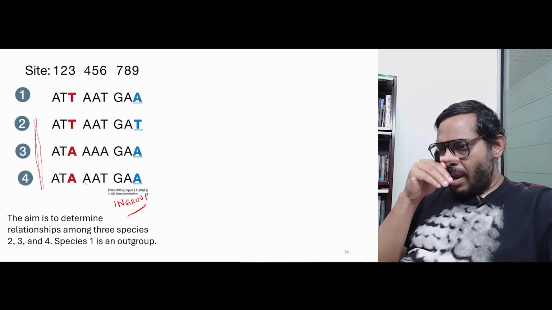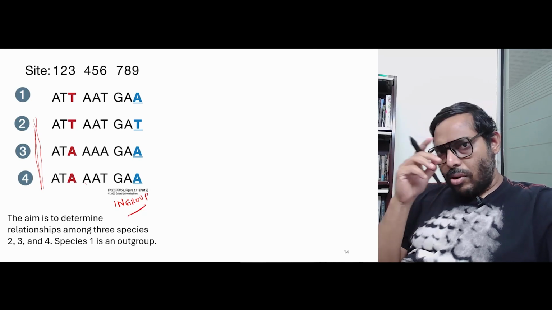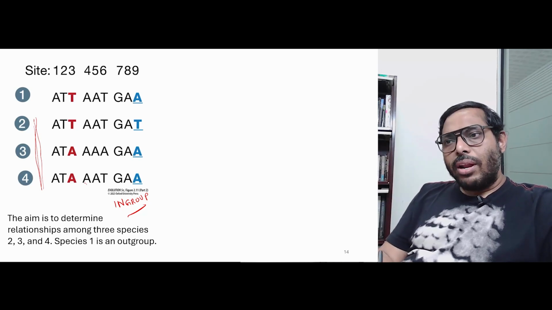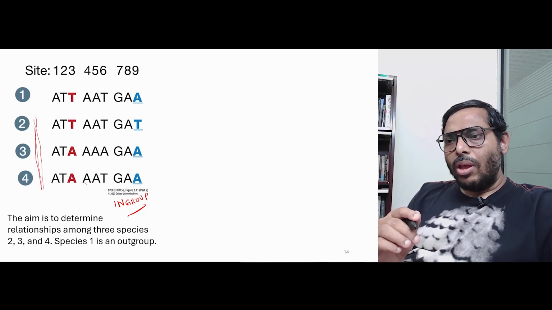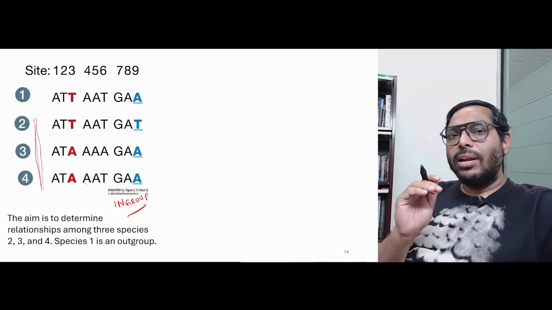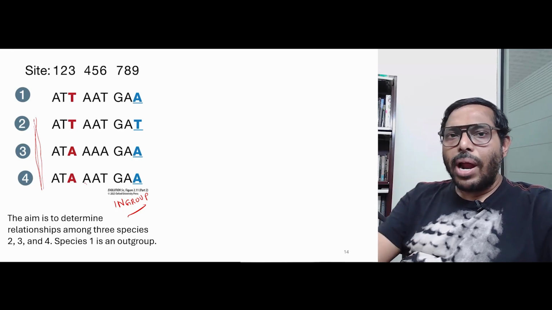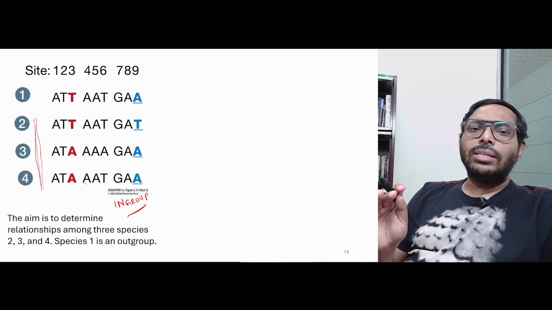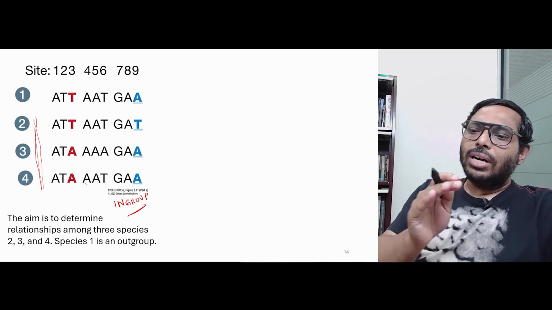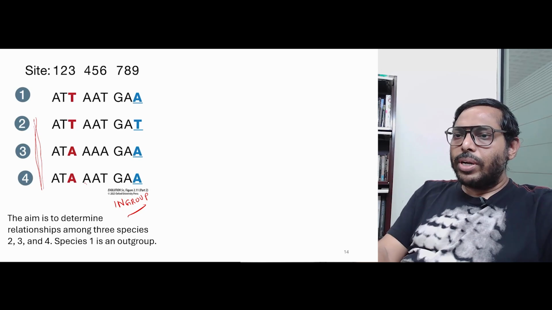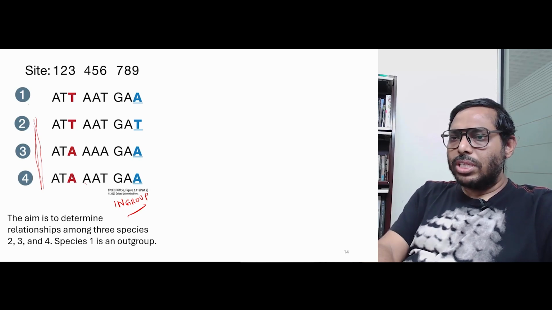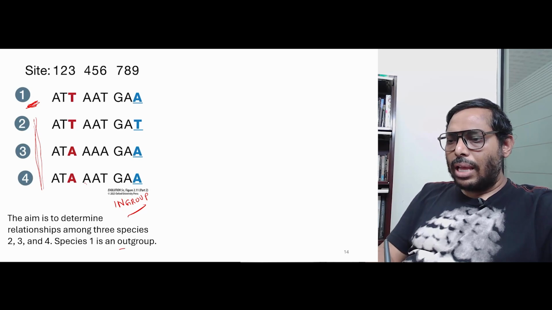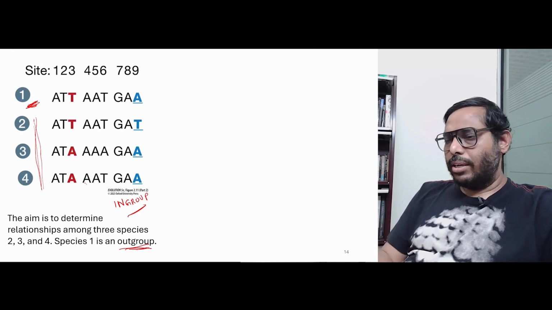Now, in order to do this kind of reconstruction of the phylogeny, we require one group which we definitely know is not a part of the in group. We are not interested in it, and we definitely know that this is something that diverged much earlier than the in group. In this particular case that happens to be this species 1, and this is the one that we are going to call an outgroup. These are technical terms.